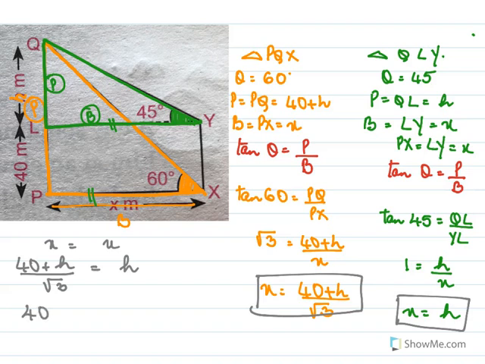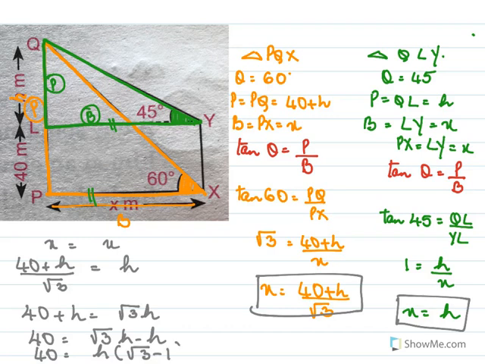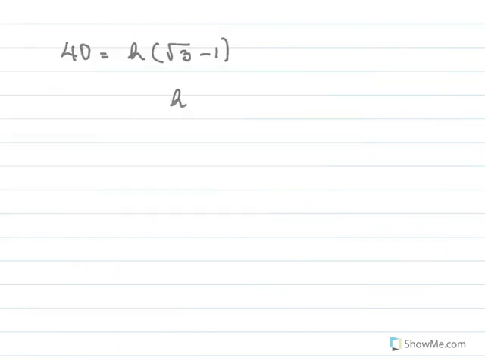Cross multiply: 40 equal to root 3 H minus H, so 40 equal to H times root 3 minus 1. Therefore, H equal to 40 over root 3 minus 1.